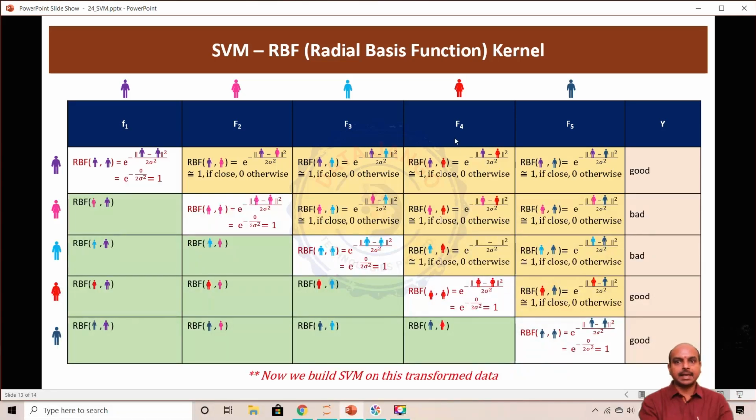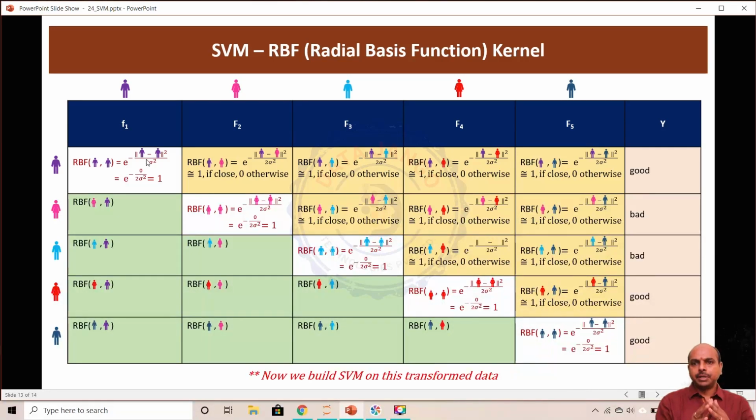But after applying the kernel trick, we take the first data point as the landmark and calculate the distances between the first data point and the other data points, and put the values here in the cells. Let us look at it row-wise. Suppose you have taken the first record as the landmark, and you are trying to measure the distance between the first landmark and the first record.